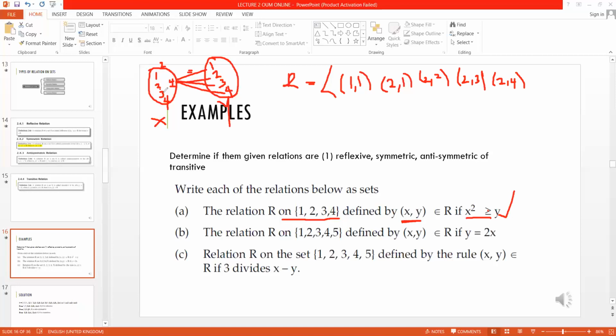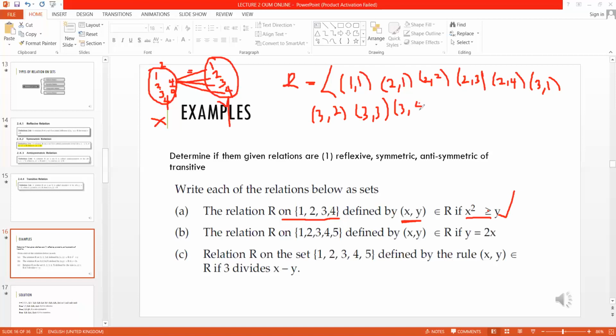Then what about 3? 3 squared is 9. Indeed, 9 is greater than all these values here. So we can have more pairings: (3, 1), (3, 2), (3, 3), (3, 4).